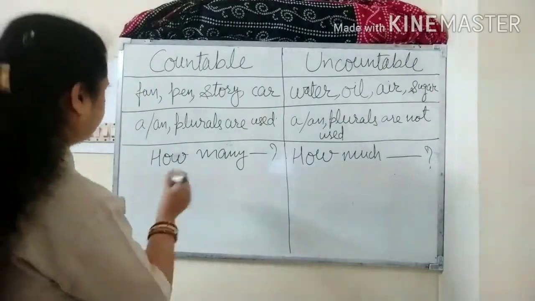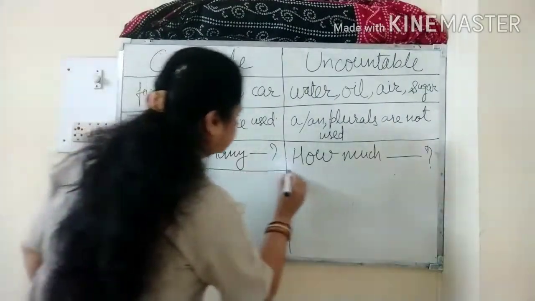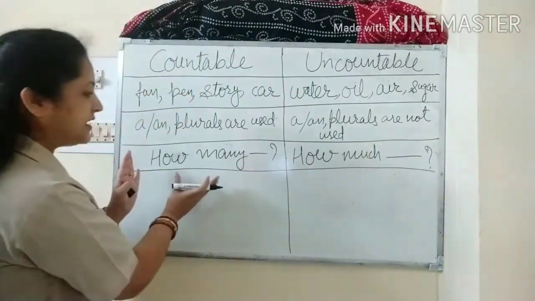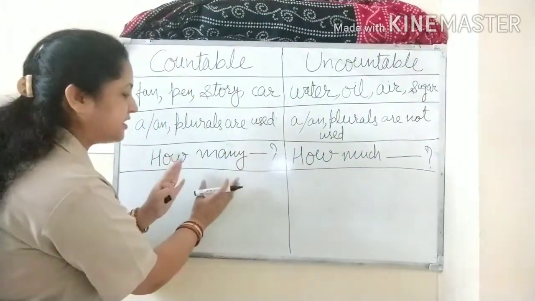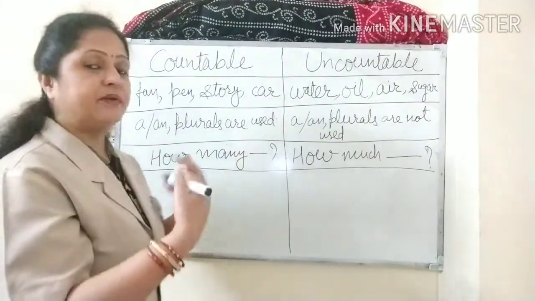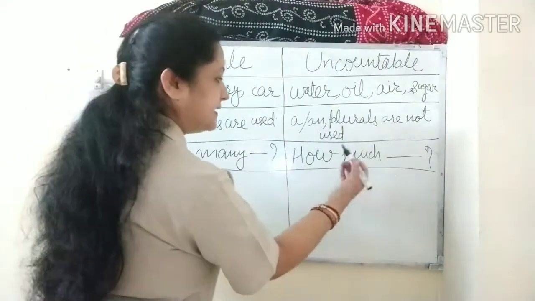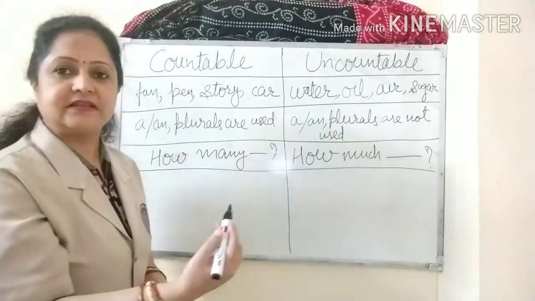If how many is given in the question, that means numbers has been asked. If how much is given, that means the quantity is asked.